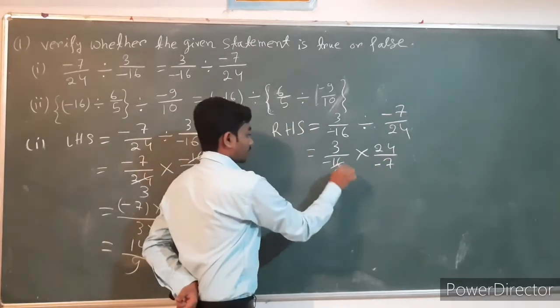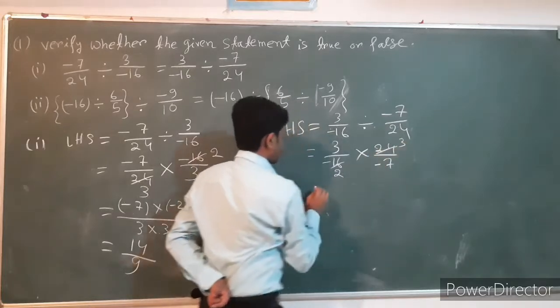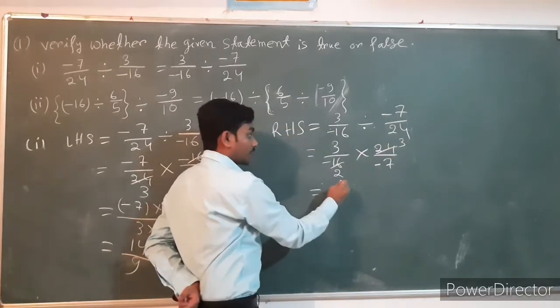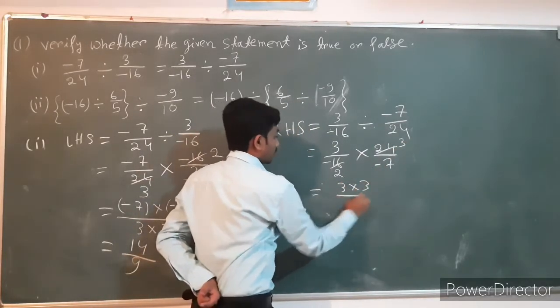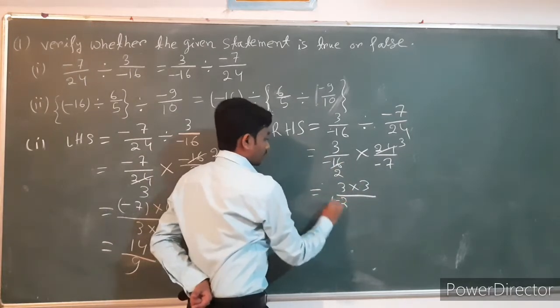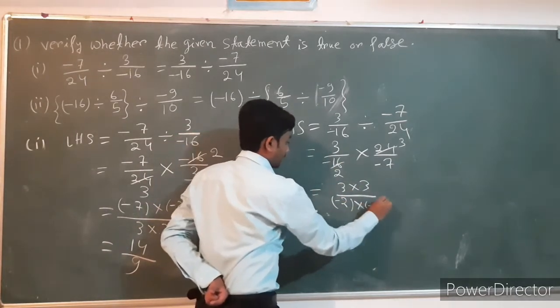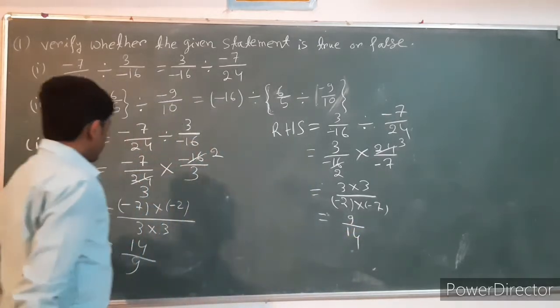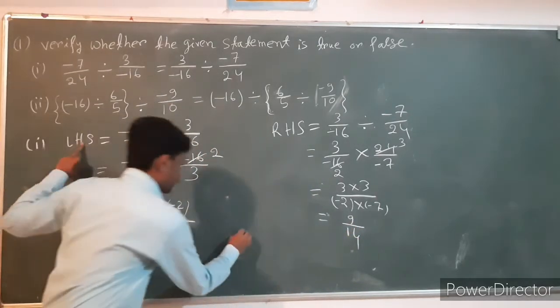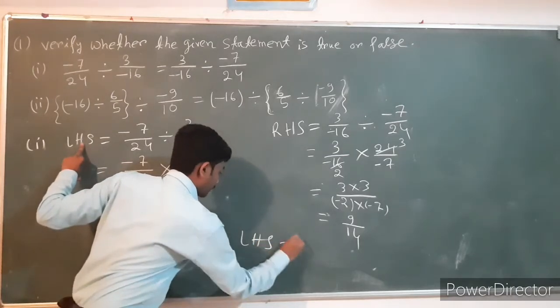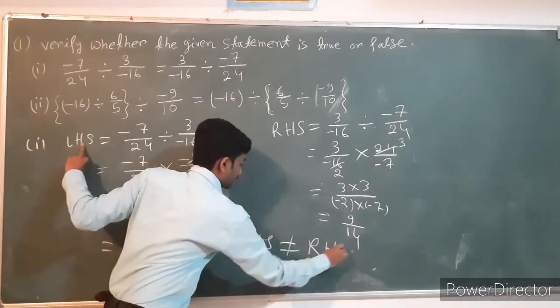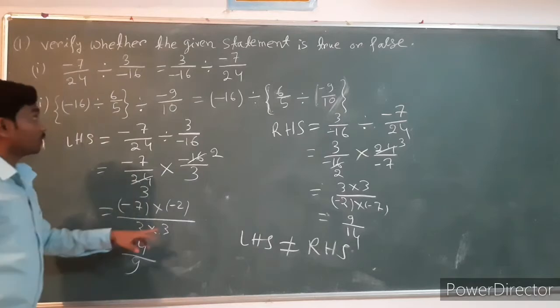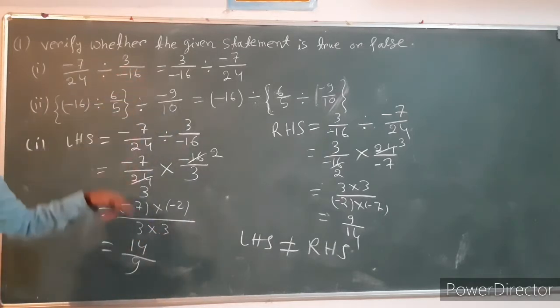So 8 into 2 is 16, 8 into 3 is 24. Product of numerator 3 into 3 by product of denominator, which is equal to 9 upon 14. Hence LHS is not equal to RHS. So the given statement is false.